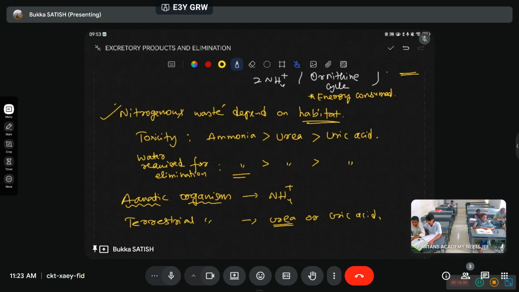Shark. What do you think is the reason? Shark is aquatic, right? Then why urea?